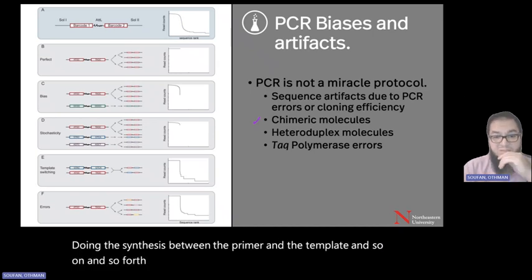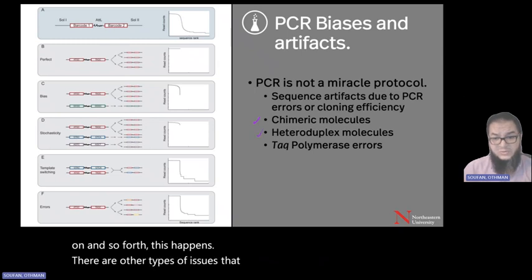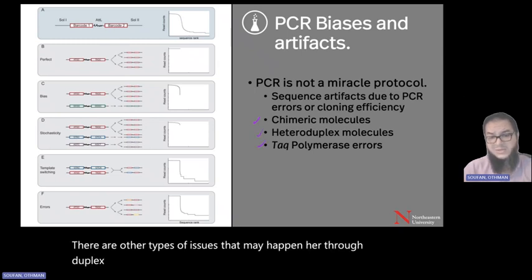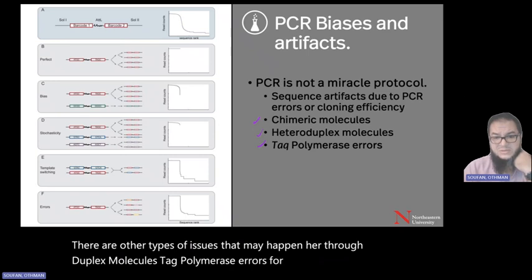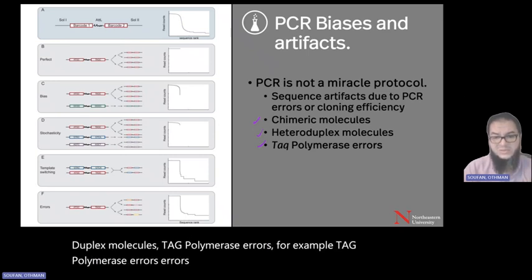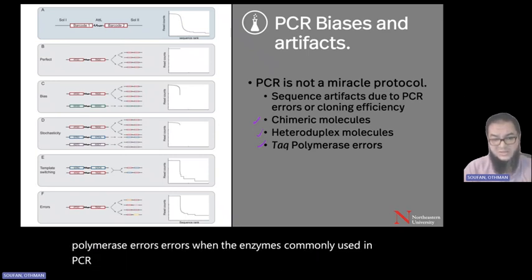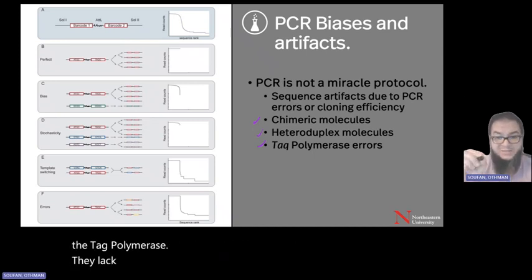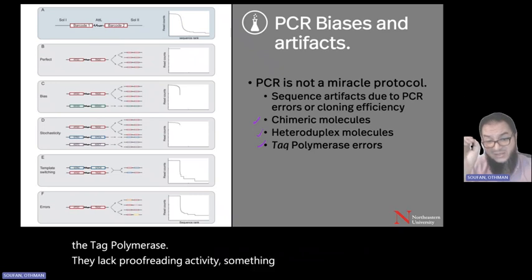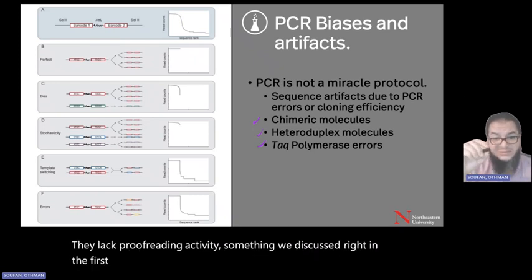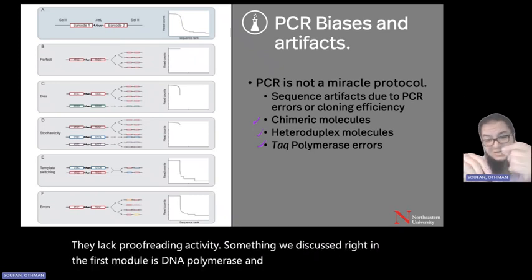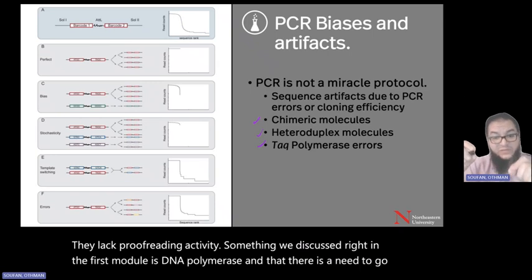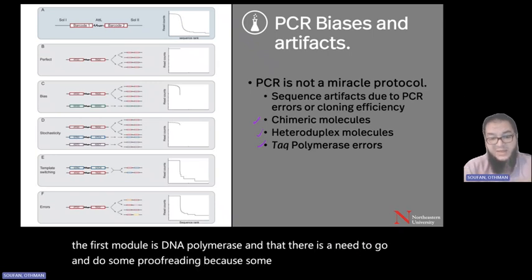This happens. There are other types of issues that may happen: heteroduplex molecules, Taq polymerase errors. For example, Taq polymerase errors: the enzymes commonly used in PCR, the Taq polymerase, lack proofreading activity. Something we discussed right in the first module is DNA polymerase, and that there is a need to do some proofreading because some mutations may happen.